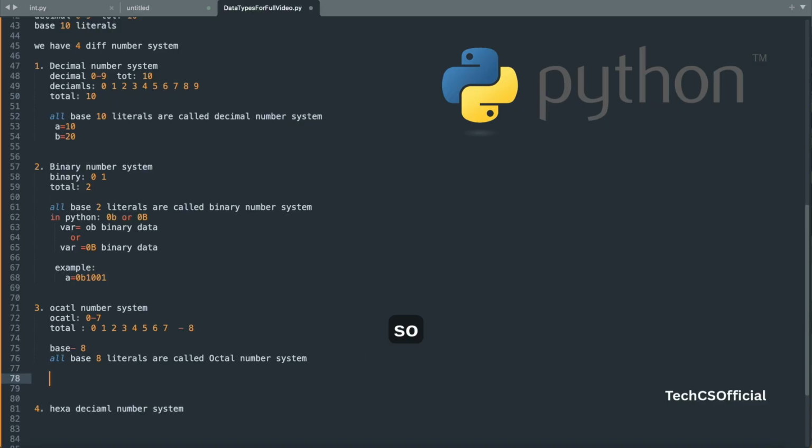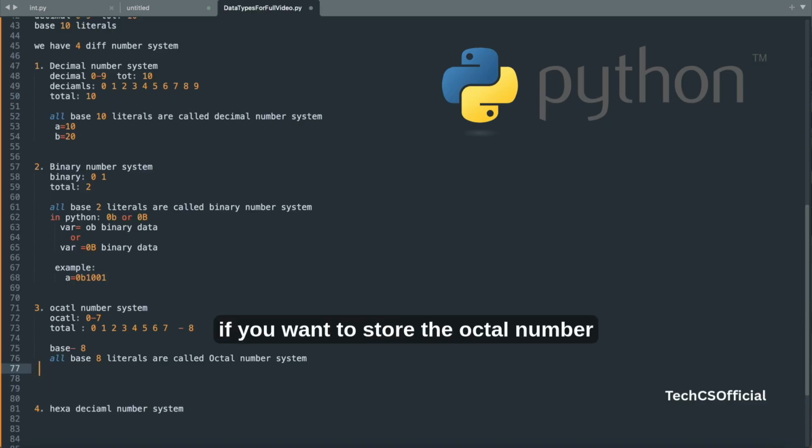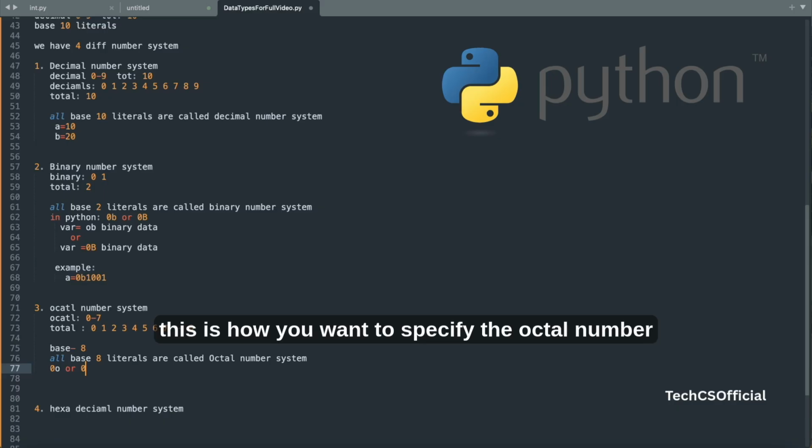If you want to store the octal number system, octal data, you need to specify 0o, not x, 0 small o or 0 capital O. This is how you specify the octal number system.